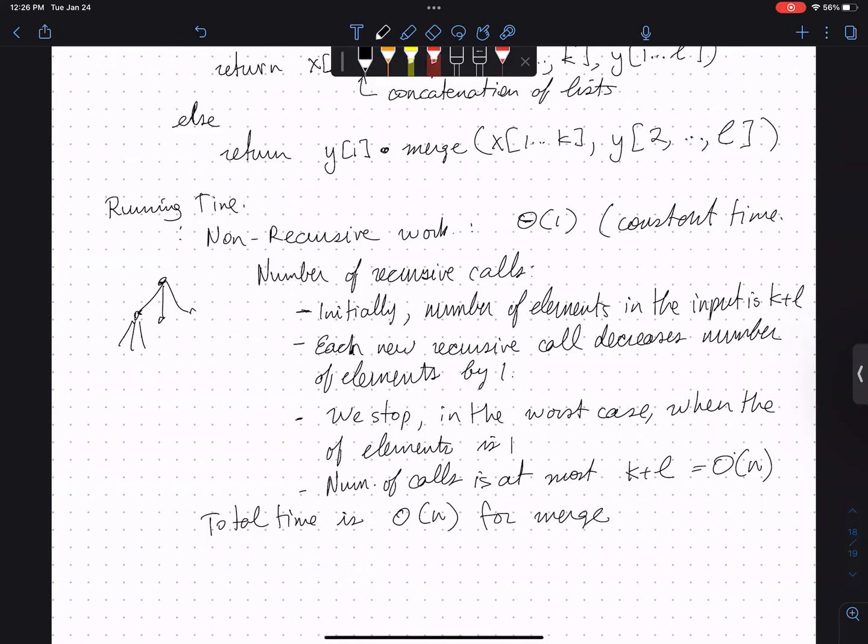We have O of N recursive calls, and each one does constant work. So that's O of N times theta 1, this constant time from here, which by the multiplication property is O of N time for merge.